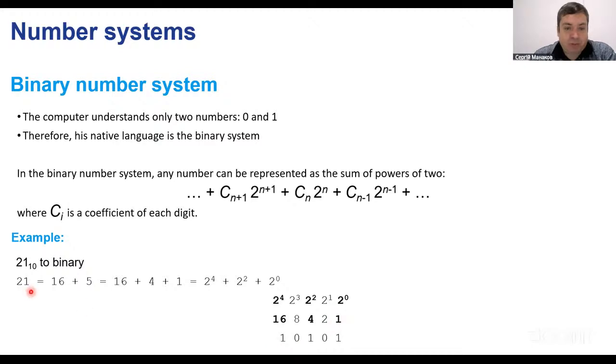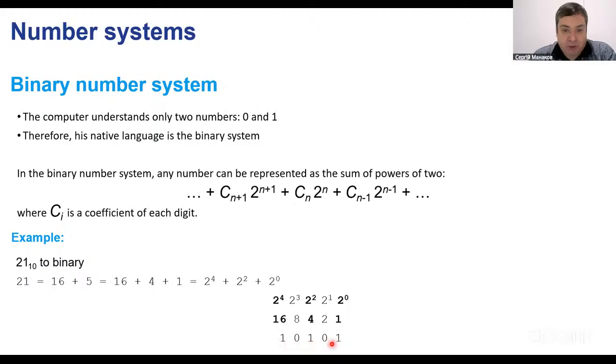So we have 21. And we can understand that it consists of a sum of such powers of 2, like 2 power 4 plus 2 power 2 plus 2 power 0. That is 16 plus 4 plus 1. So we have these powers of 2, and that means that these positions that are called binary digits, that have something in our sum, became ones, and the absent powers of 2 became zeros.